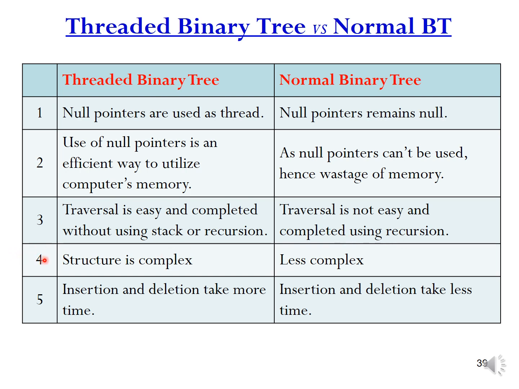In a threaded binary tree, the structure is complex, while in a normal binary tree the structure is less complex, because in a threaded binary tree we also use some variables for threads. Fifth, insertion and deletion take more time in a threaded binary tree, but in a normal binary tree insertion and deletion take less time. So this is the comparison between the threaded binary tree and the normal binary tree.